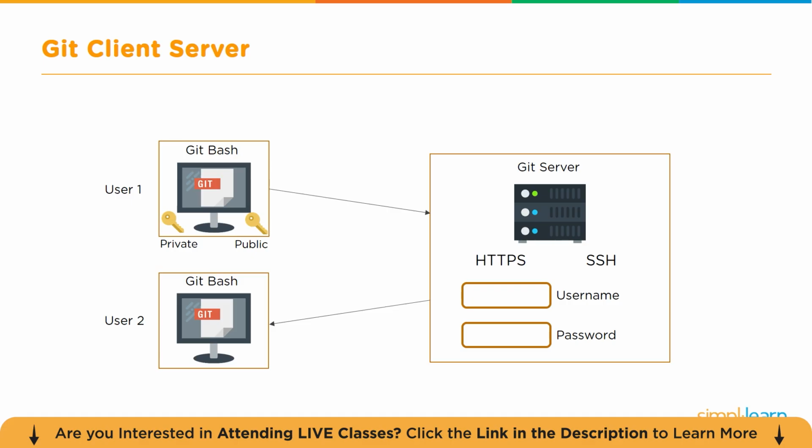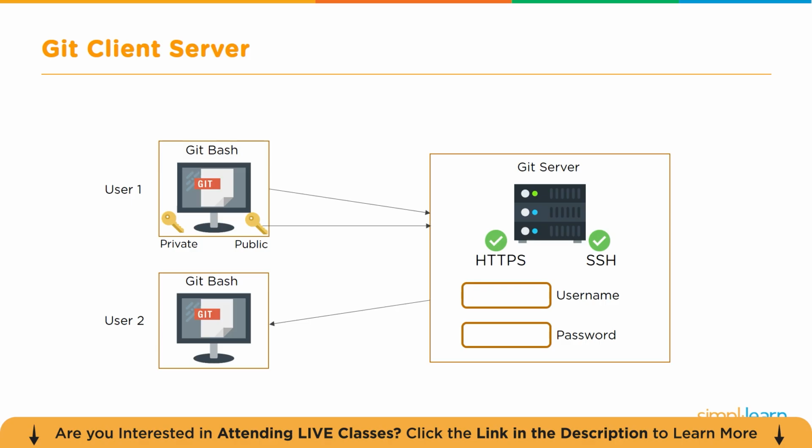Then I take this public key and post it onto my account within my Git server. So that whenever I connect next time using my command prompt or any of the tools, it's going to challenge me for my passphrase. As long as I remember my passphrase correctly, I can authenticate myself and get into the server. So both HTTPS and SSH are popular ways of communicating with the Git server.